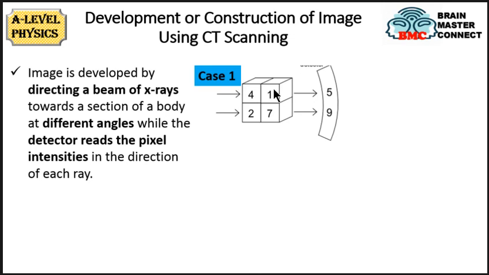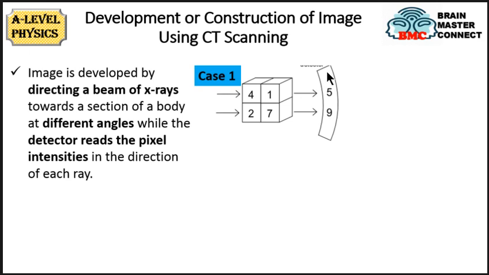So what happened right here is simply that the detector reads what is here in this Voxel as 5, that is 4 plus 1, which is 5. Then it does the same thing here, 7 plus 2, which gives us 9.